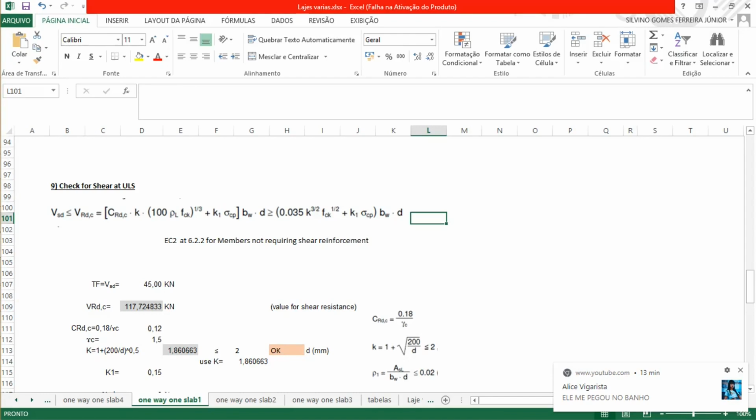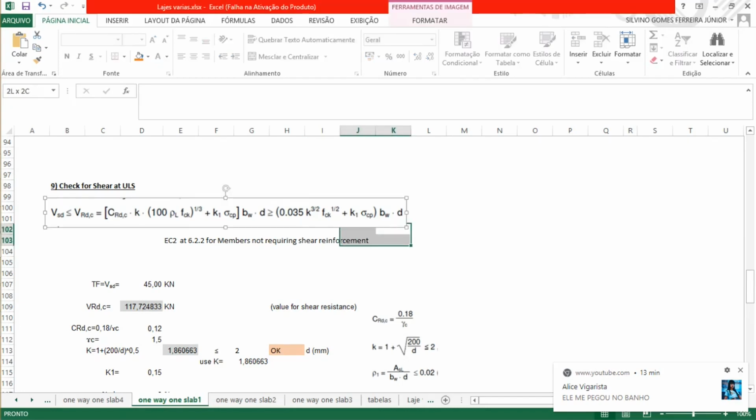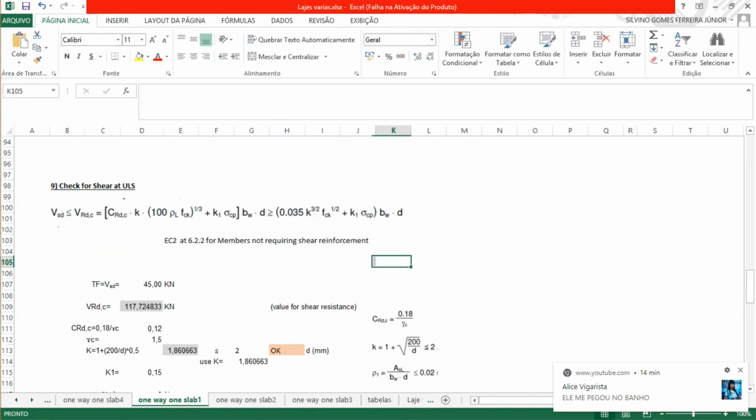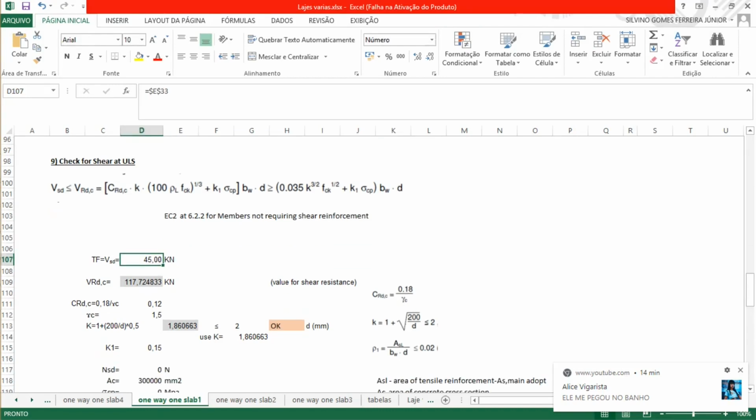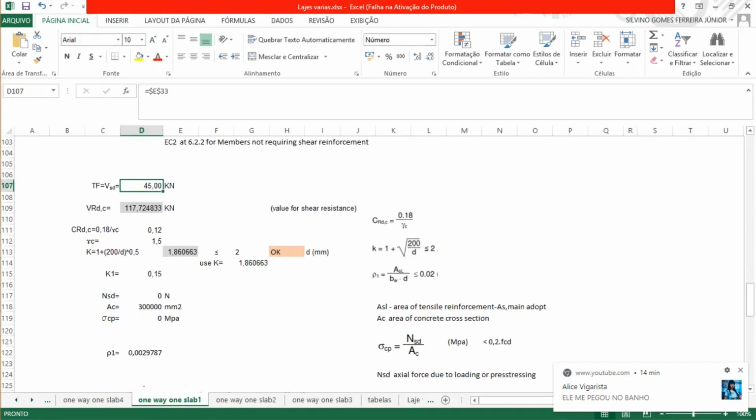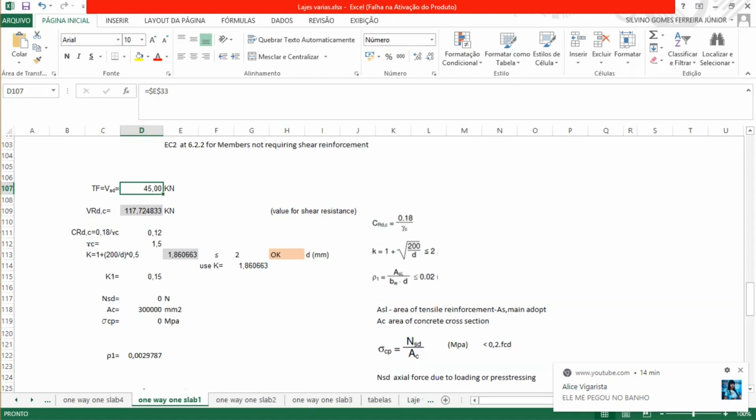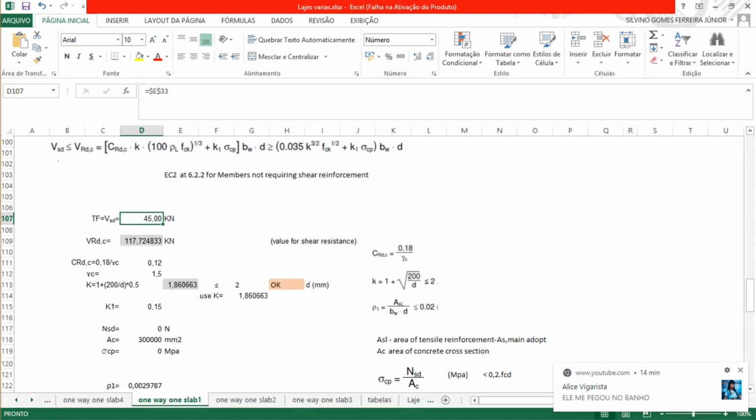In reality, what we are saying is that the factored shear has to be smaller than or equal to the maximum of these two equations. So we have this one that we calculated, the factored shear, and the shear resistance from here, that is the CRD.